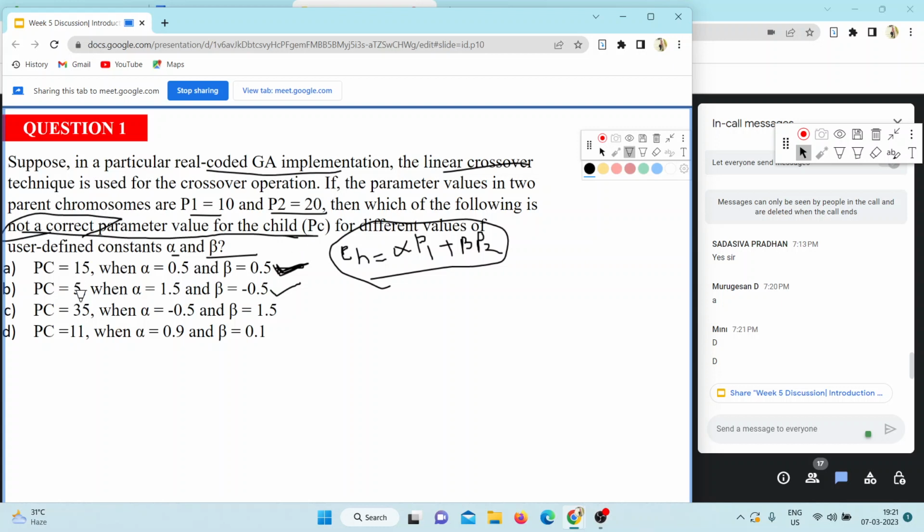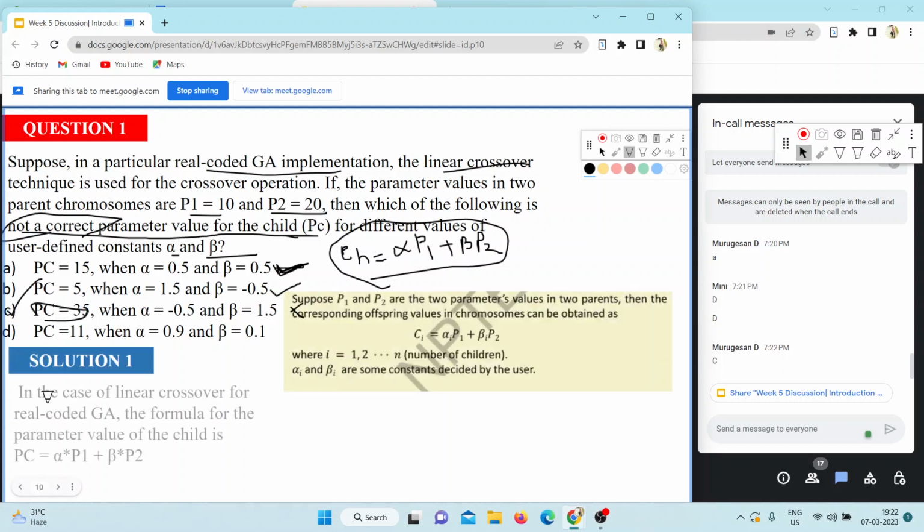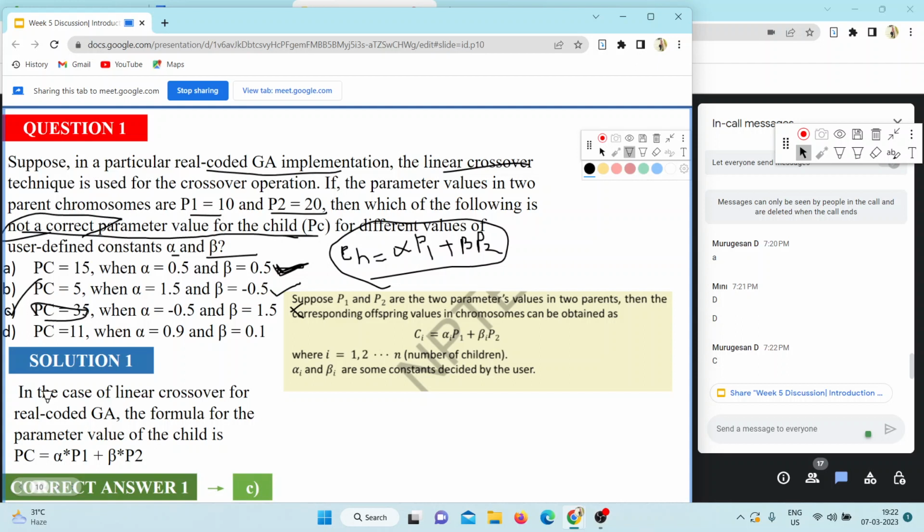So 30 minus 5 will be equal to 25, but it is written 35. So this is actually wrong. As we have been asked to find the wrong answer, this is your wrong answer, and C is your correct option. Okay, is it clear to all of you?